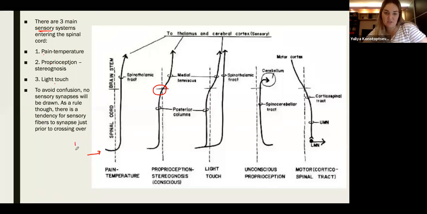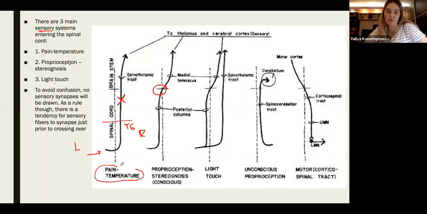So let's imagine that this is the left side, this is the right side. And I tell you that my right spinothalamic tract above T6 region is damaged. What will I not be able to sense?